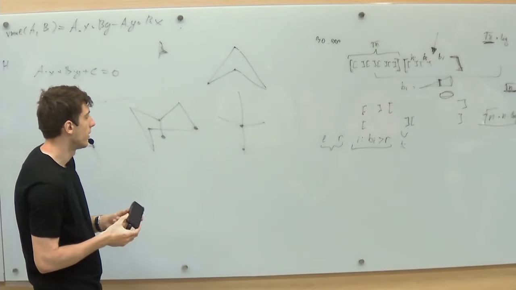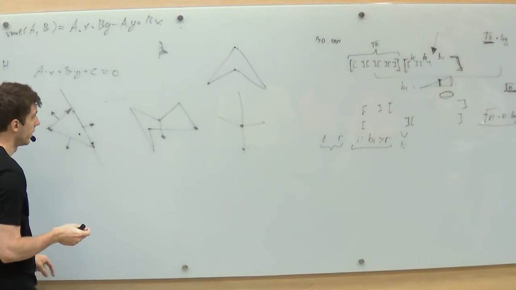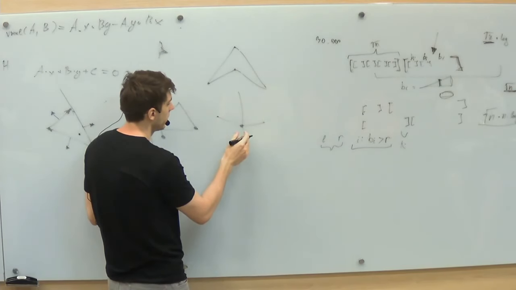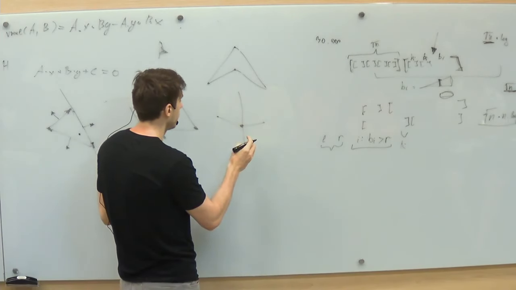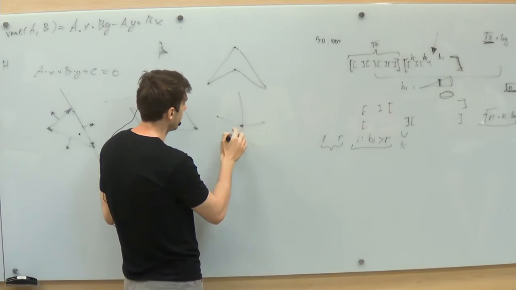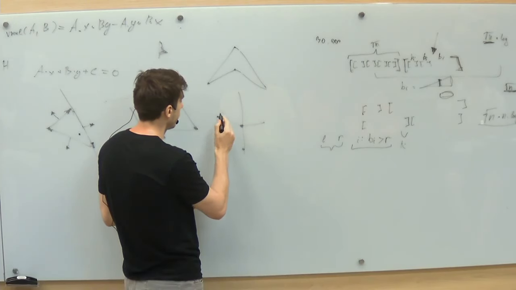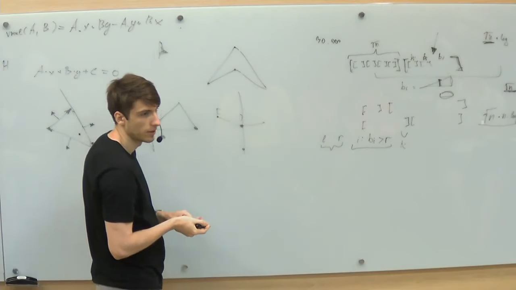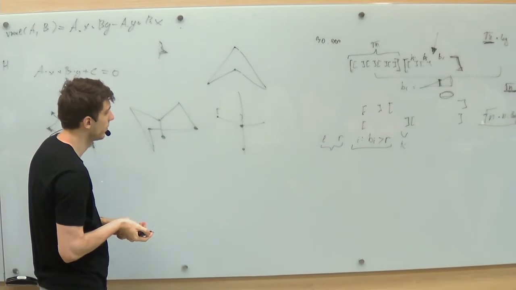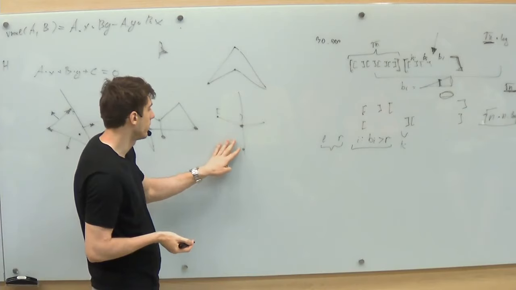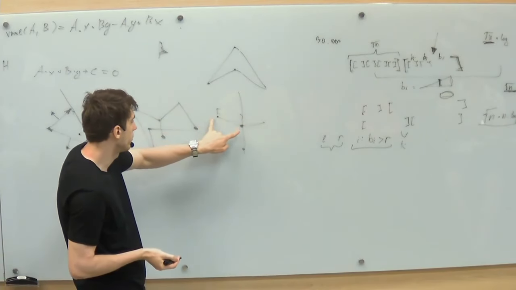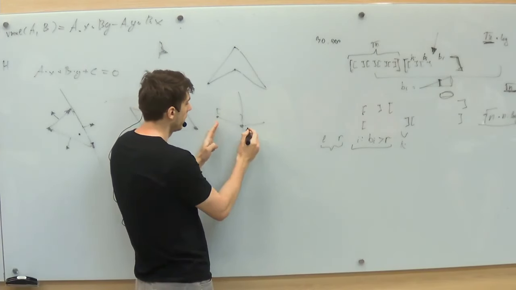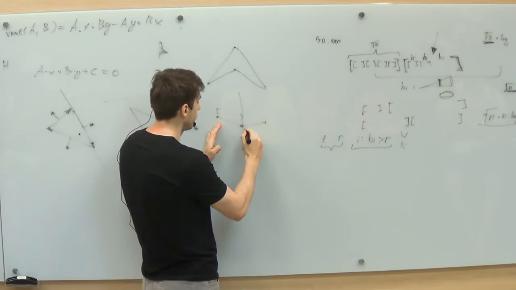To avoid any bad experience in these cases, you always consider your segments such that the left point is included and the right point is not included. So when you check the intersection of your ray with each edge, for this one you should not count, and for this edge you should count.